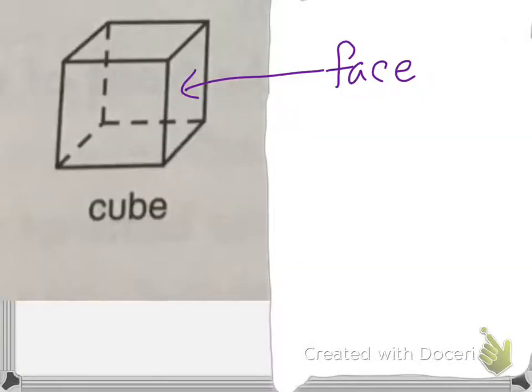Another part of a geometric solid, the straight line where the faces meet, are called edges. So these straight lines are called edges. And some of these geometric solids have points or corners. The points or corners of the shape are called a vertex.